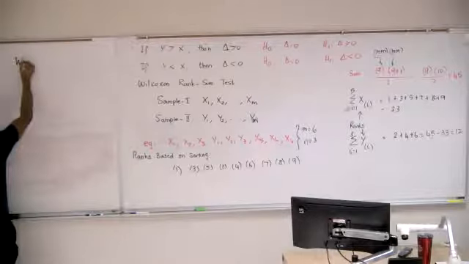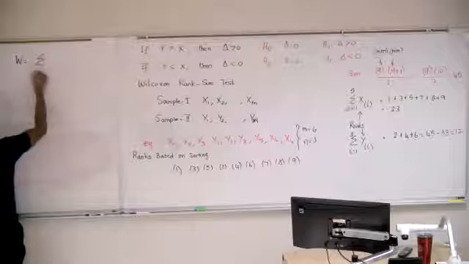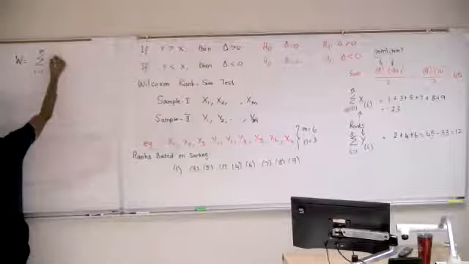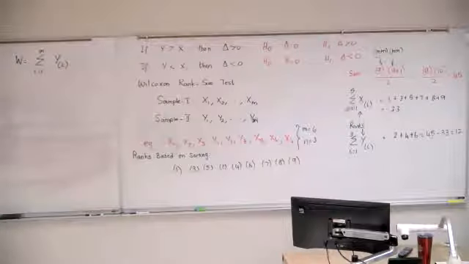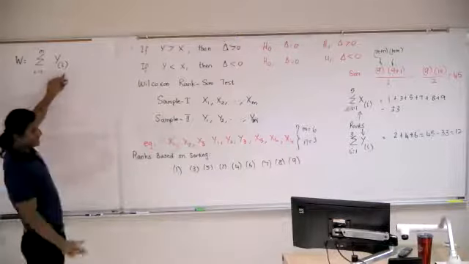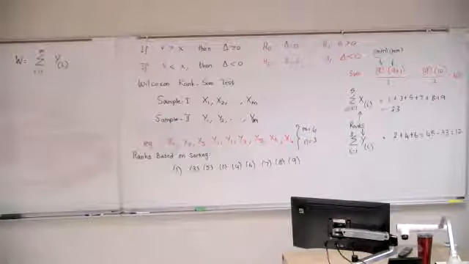So W is what we call the Wilcoxon rank sum. Mind you, when I put that subscript i over there, I'm not saying I'm going to take the value of y, I'm rather taking the rank of y. Good?